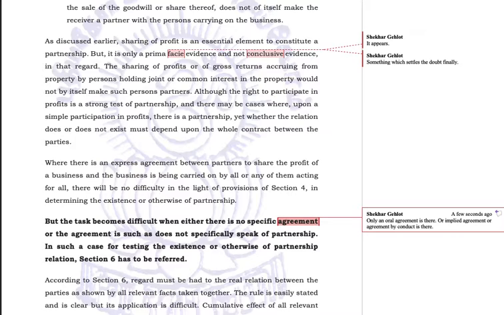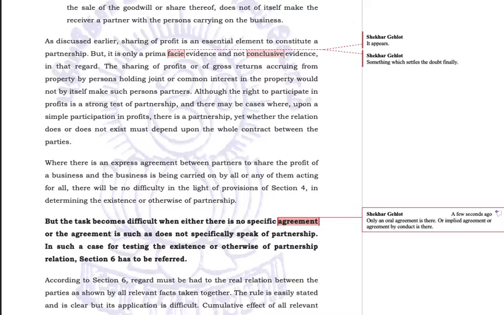No agreement by conduct is there. That is why I said that it is advisable to always have a partnership deed. That means a written partnership agreement between partners, because it will be difficult to prove the oral agreement or the implied agreements or the agreement by conduct. It will be very difficult.